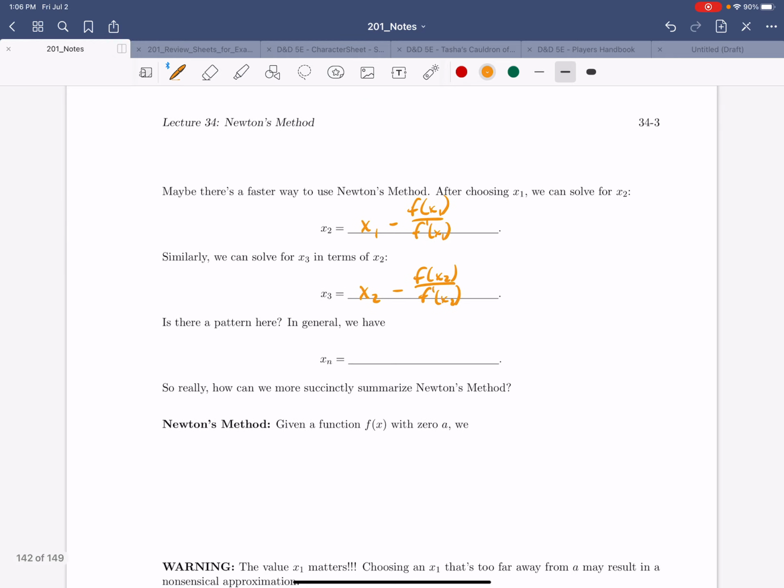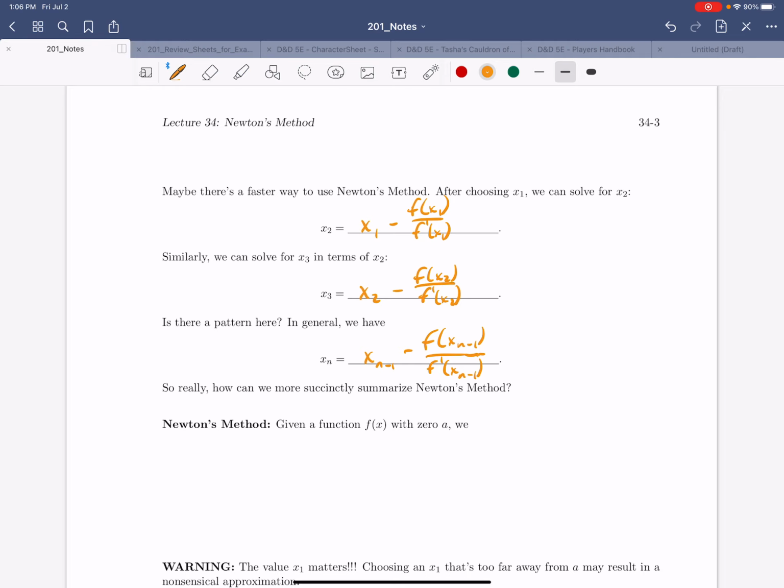And in general, xn equals xn minus 1 minus f of xn minus 1 over f prime of xn minus 1. I got to be honest, I don't remember the formula very well. I always remember it as, look, take the linearization of xn minus 1, set it equal to 0, solve for xn. Plug xn in for x, solve for xn.